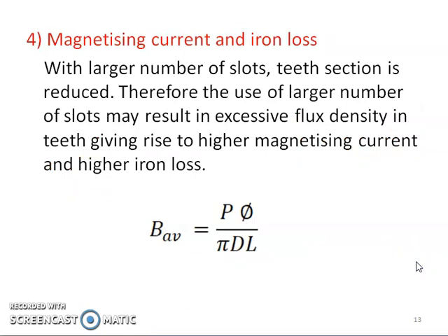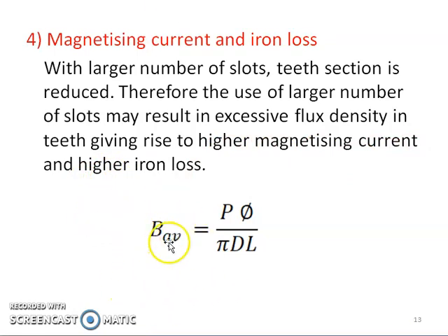Next we'll move on to the fourth factor for choice of number of slots, that is magnetizing current and iron loss. With a large number of slots, the teeth section is reduced. This we have already discussed. Therefore, the use of a larger number of slots may result in excessive flux density in the teeth, and definitely this results in an increase in magnetizing current as well as higher iron loss.